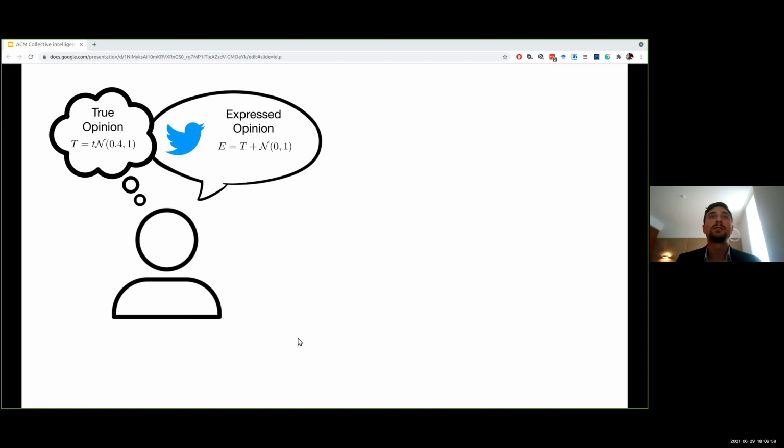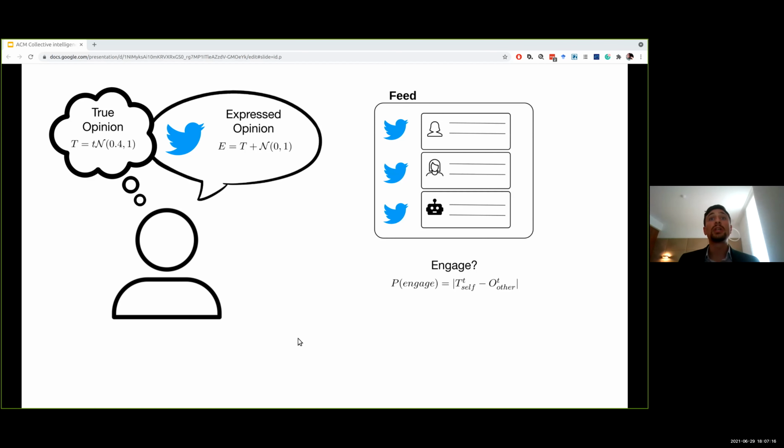And each agent here is represented by a private or true opinion in the range between 0 and 1, and a public, expressed opinion that is a really noisy readout of the private opinion. So on each step, the agent is presented with a feed of other agents' public opinions. Think of it as tweets, and decides whether it wants to engage with it or not.